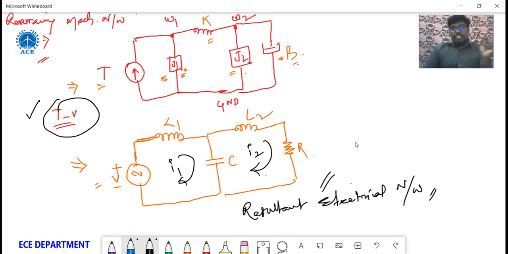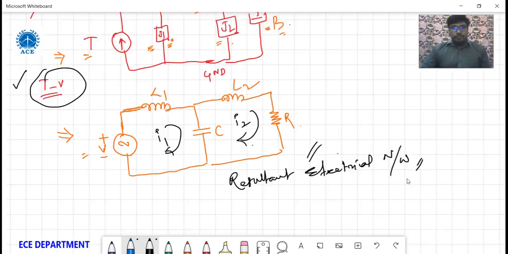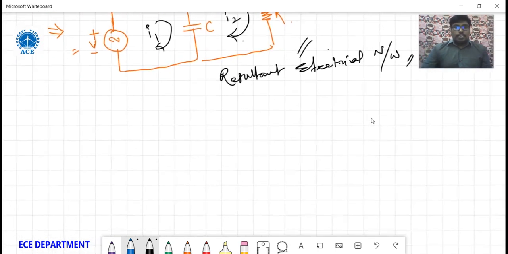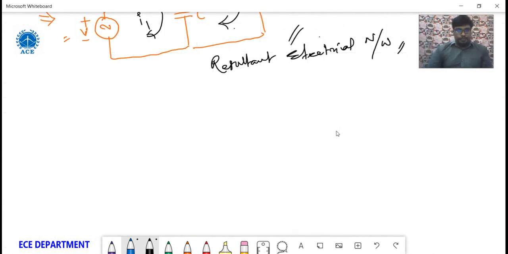Torque voltage analogy. Okay, now we'll see the torque current analogy conversion. So we'll draw the networks here.